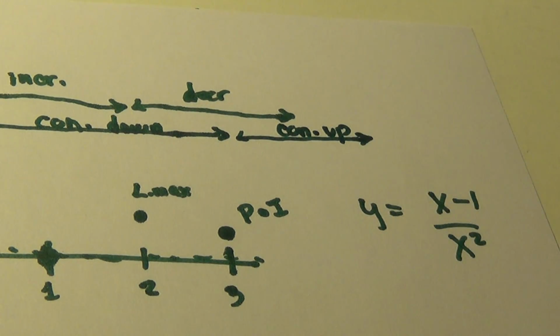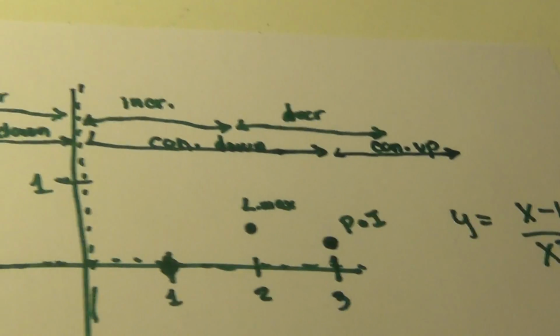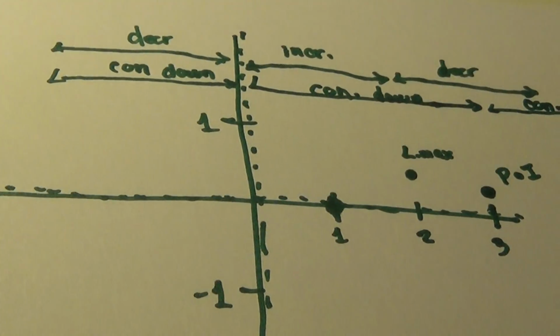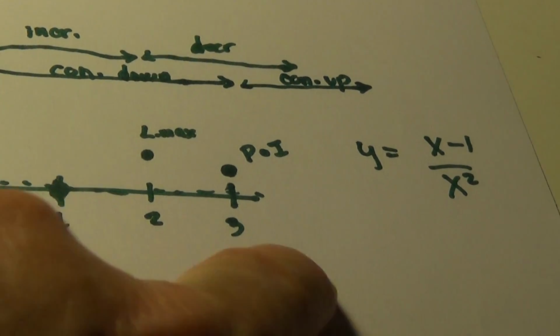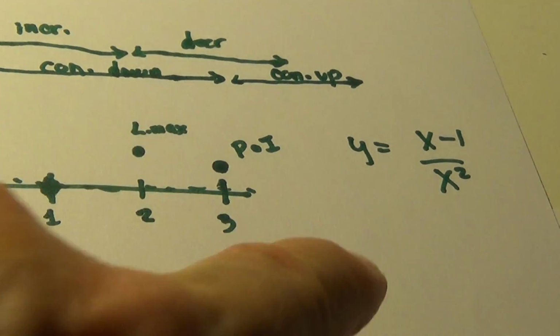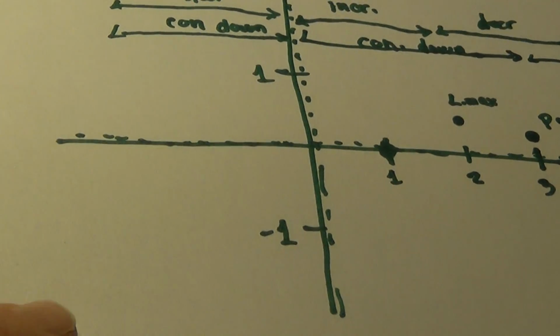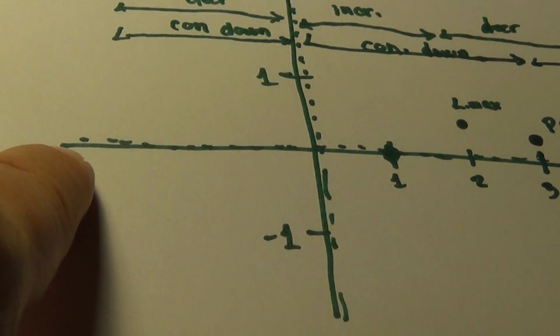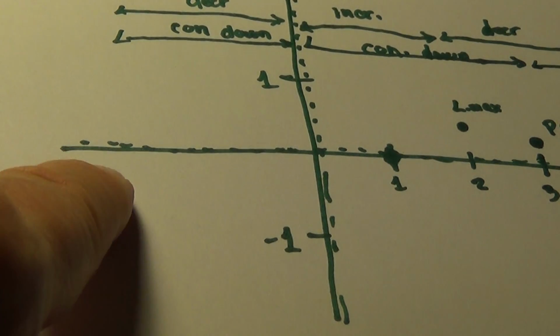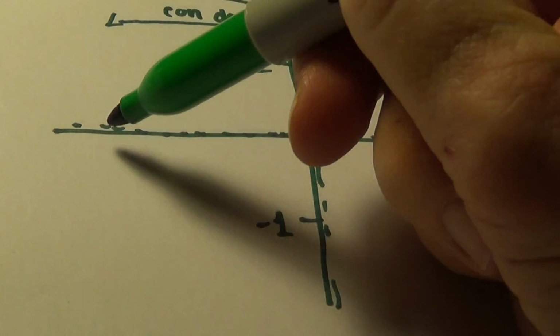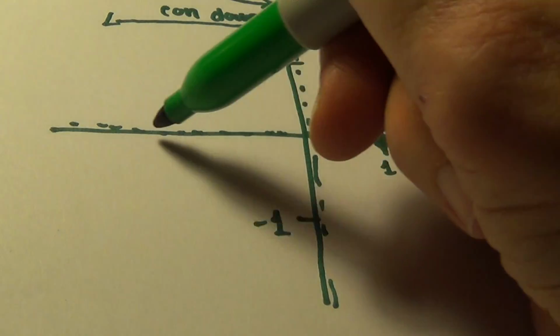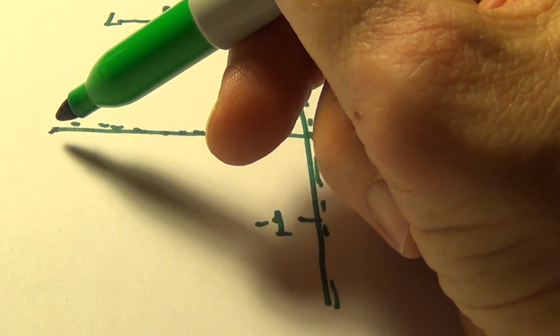All right, can we put that together and get a sketch that is reasonable? The original function, x minus 1 over x squared, let's give ourselves a starting point in this area. Say a number like 10. We're going to be way down here somewhere on this axis. Not 10, but negative 10.